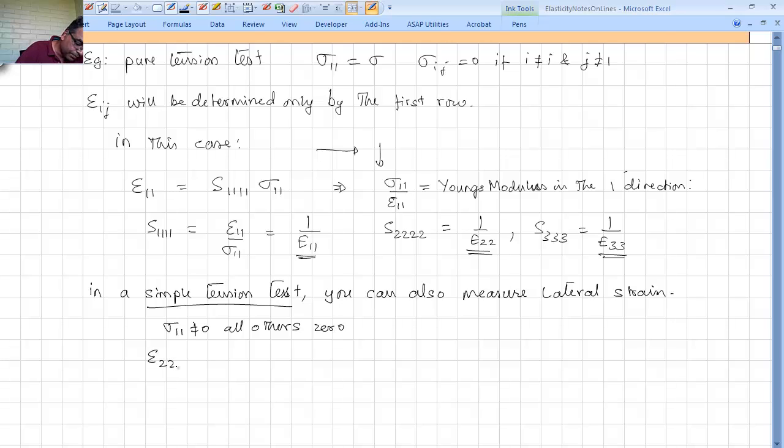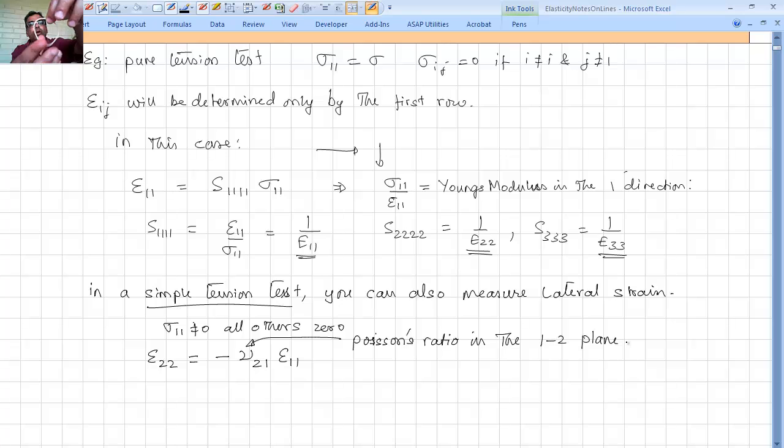epsilon 22 equals minus nu 21 epsilon 11. This is called Poisson's ratio in the 1-2 plane, because there is nothing which says that in general, if you pull a material like this, how much it gets shrunk this way, there is no reason for it to get shrunk the same amount this way.